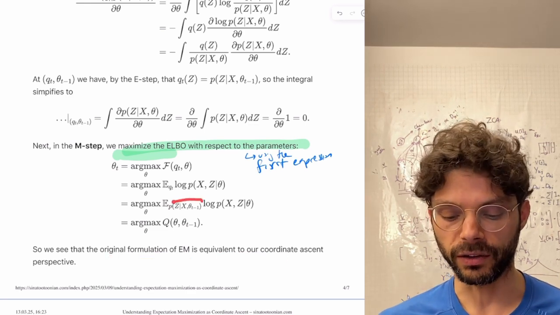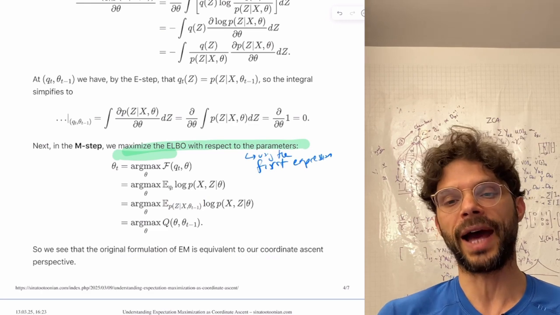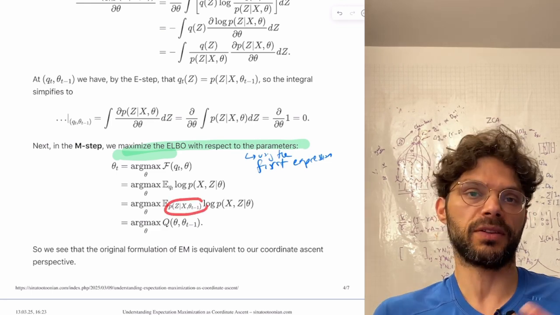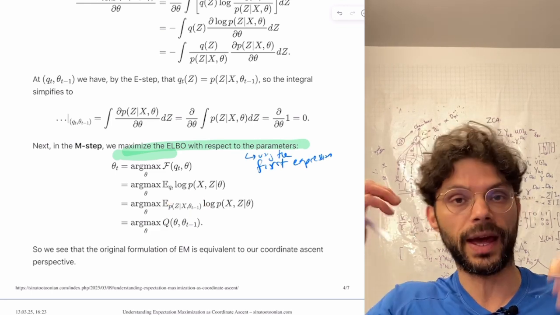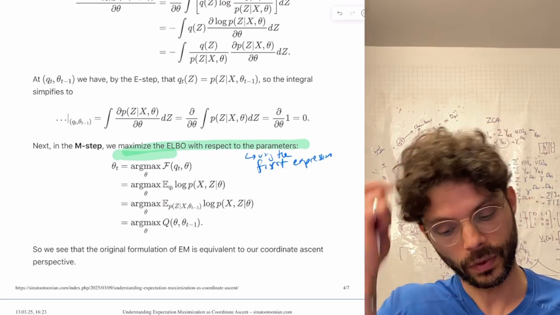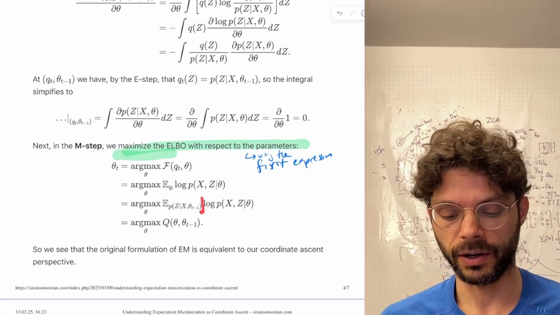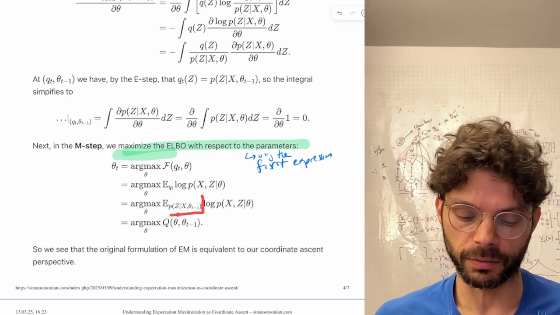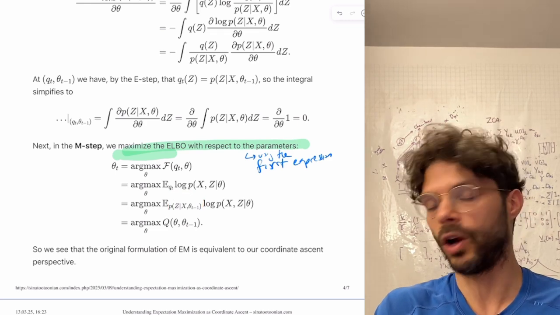The reason you do this is because we've added one additional step, which is letting Q be a free parameter that we then set to be the posterior. It turns out this opens up the possibility that maybe you can't do this, or maybe you want to approximate in some other ways.